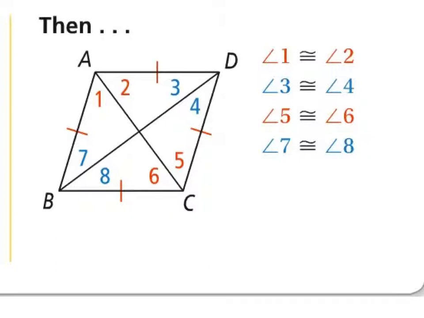They're congruent. So not only is angle 1 going to be congruent to angle 2, but because angle 1 together is going to be equal in measure to angle 5 and 6 together, that means that angle 1, angle 2, angle 5, and angle 6 are all going to be the same measure.